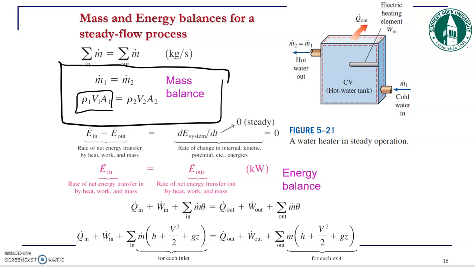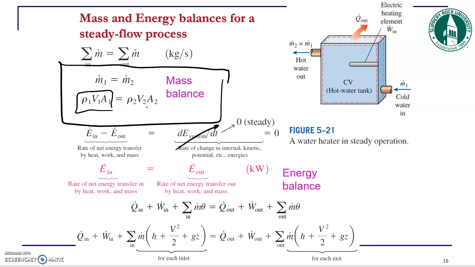Density, velocity, cross-sectional area, m dot 1, m dot 2, right? And if you write the energy balance, E dot in minus E dot out is the energy accumulation in the system, which is shown here by dE/dt, differential of energy with respect to time. So in a steady flow process, this is equal to 0, right? And therefore, whatever energy comes in leaves your system, right?